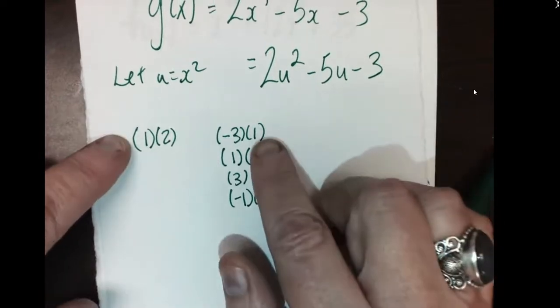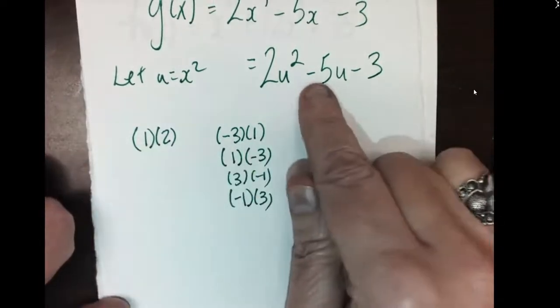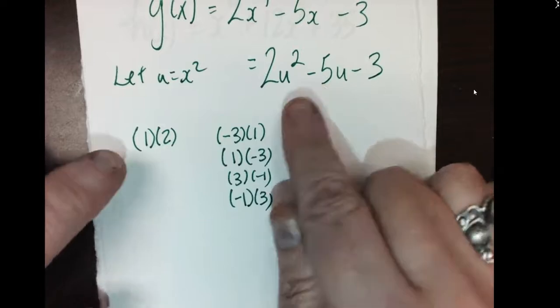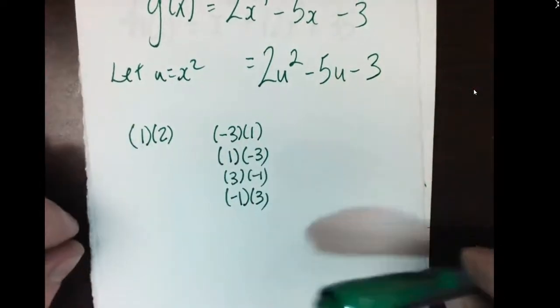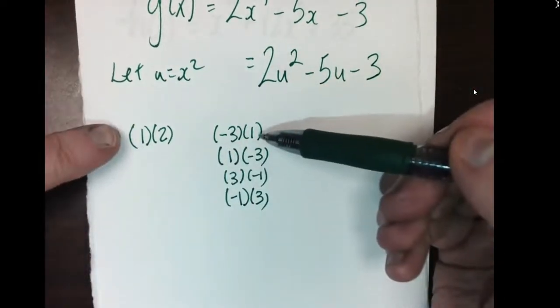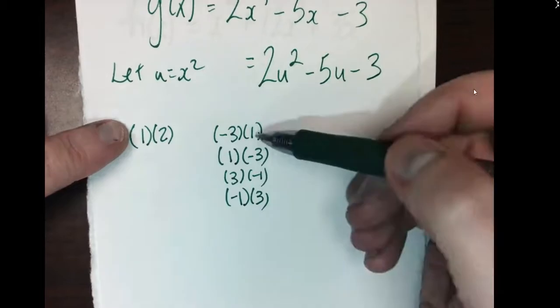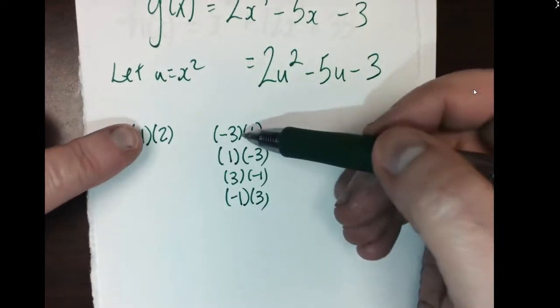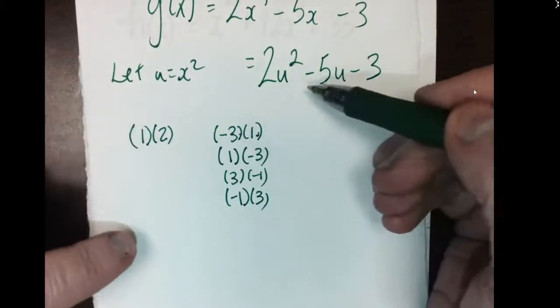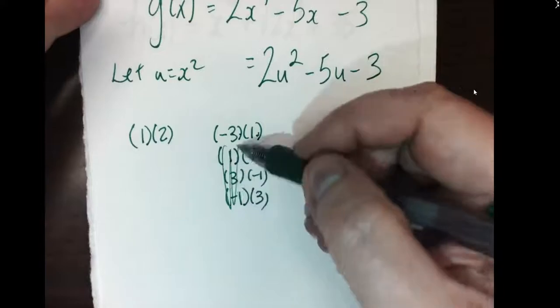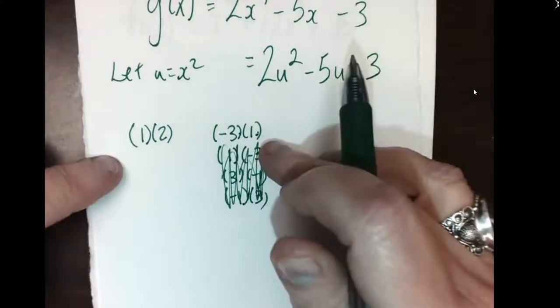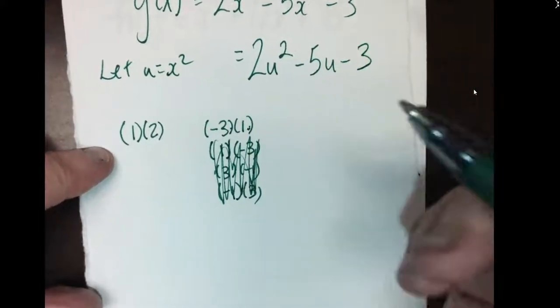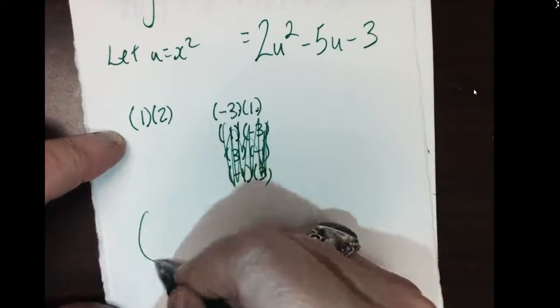Now I want outer product plus inner product to equal -5. And if I find a combination that works, then I can factor it. So my outer product is 1. So I have 1 plus -6 equals -5. Well, I got lucky on the first try. So I found a pairing that works, and so I will be able to factor this.